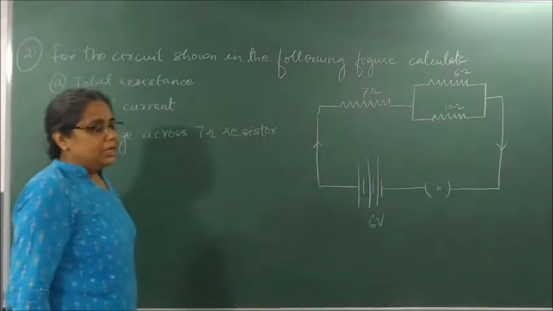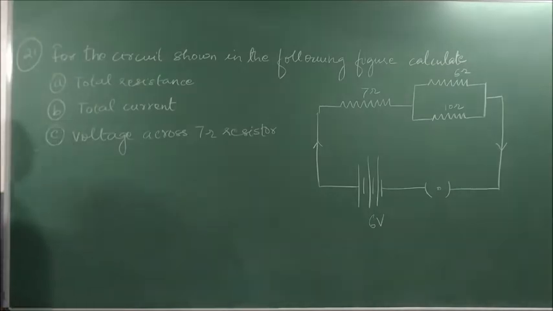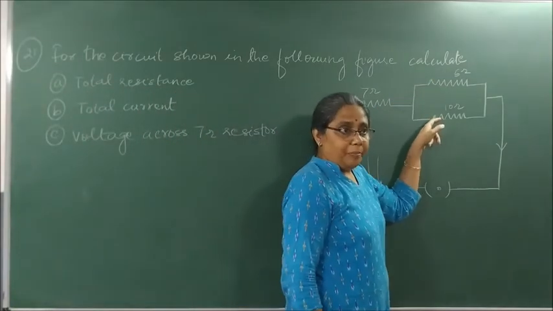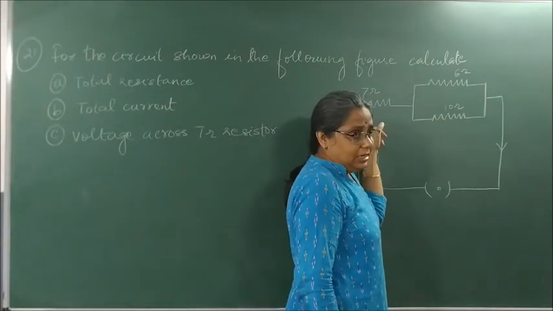This is how our circuit is. Now we need to calculate the total resistance. So we know these two are connected in what? Parallel. This is connected in series.